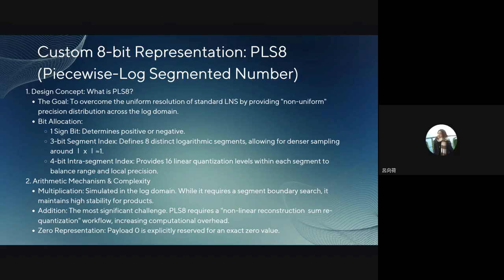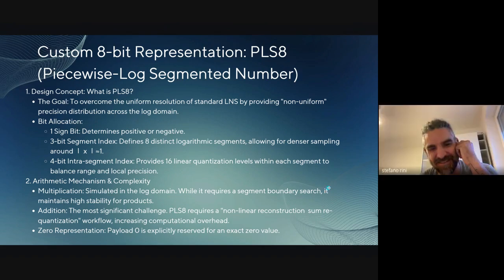When it comes to multiplication, it is simulated in the log domain and requires a segment boundary search, so it maintains high stability for our product. And the complexity goes up. Yeah, the complexity goes up. Go ahead.